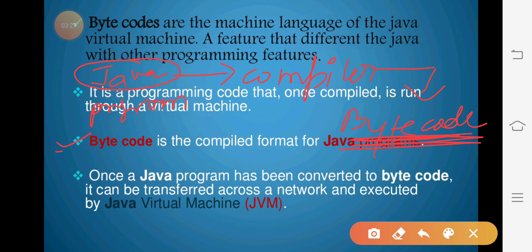So here we are saying that bytecode is the compiled format of a Java program, meaning whatever Java program we write, the code we get after compiling it is known as what? Bytecode, that we have discussed with this example. And then once you compile this and you get the bytecode, it will get transferred over to the JVM machine, and after that it will give you what? Java native code, right?